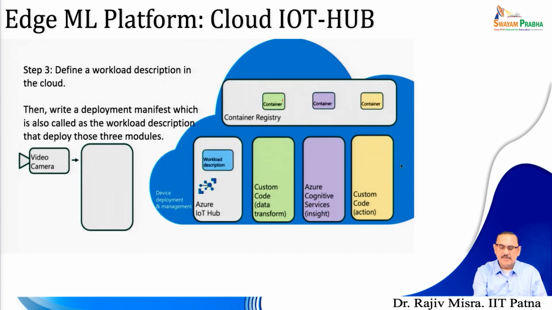Once these containers are in the container registry, write the deployment manifest, which is also called a workload description, that deploys these modules on the edge.